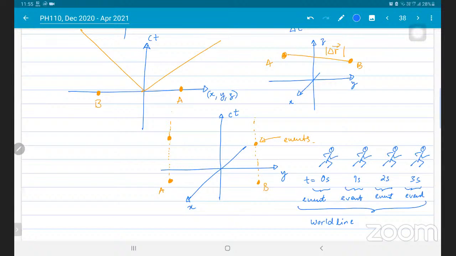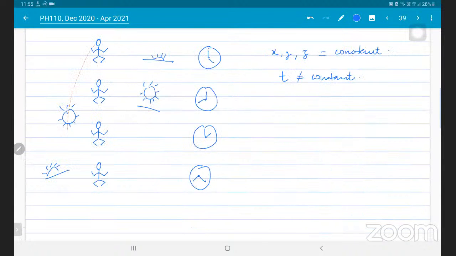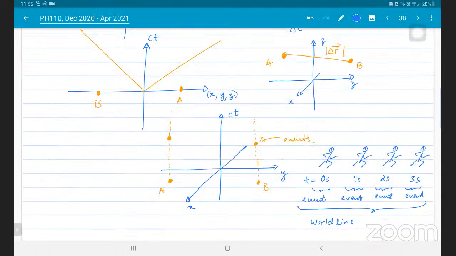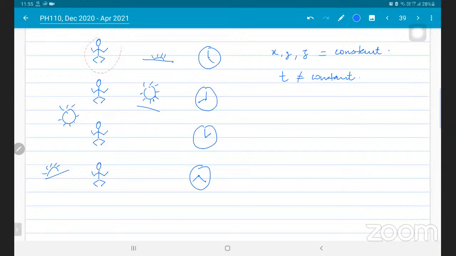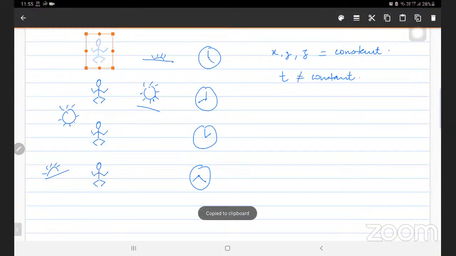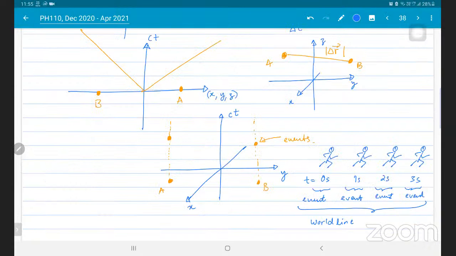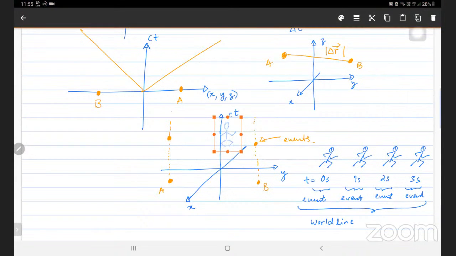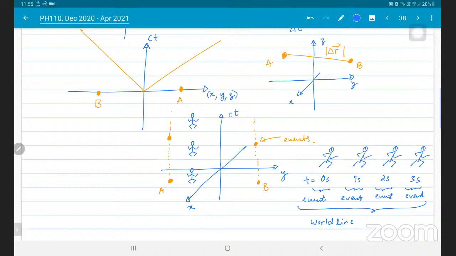So if you look at this observer in this space-time diagram, what do you see? You see this observer moving along a world line.